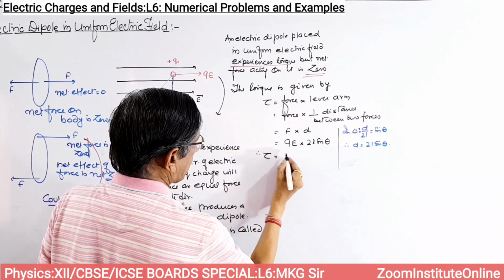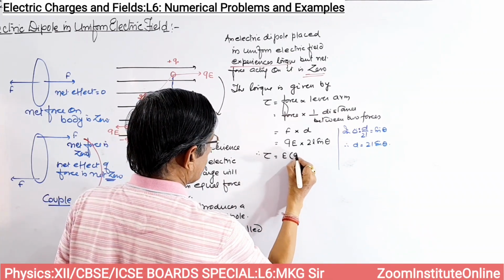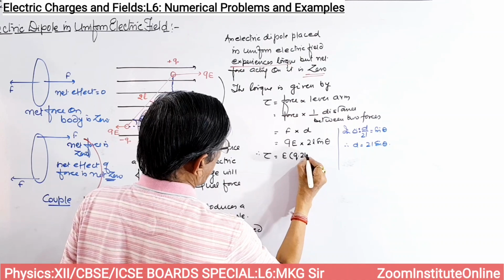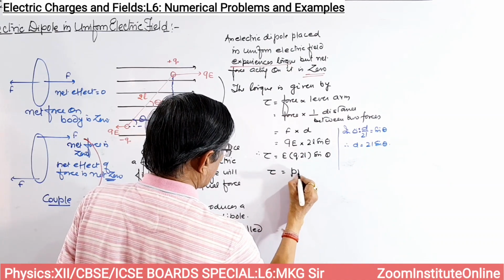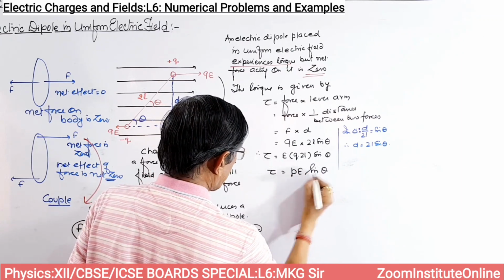Therefore, tau is equal to E into q into 2l into sin theta, or we can say tau is equal to pE sin theta.